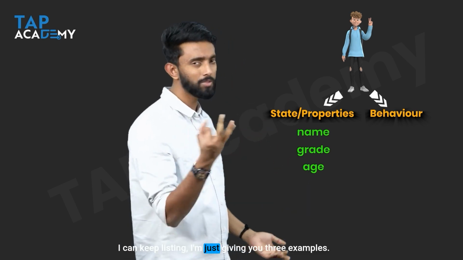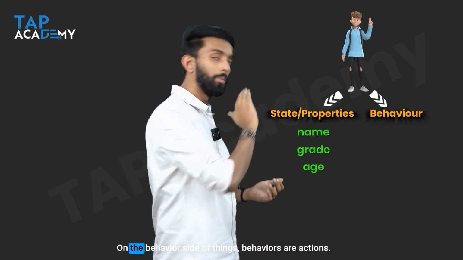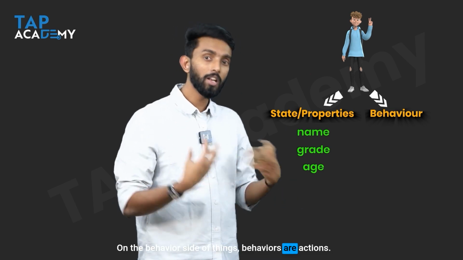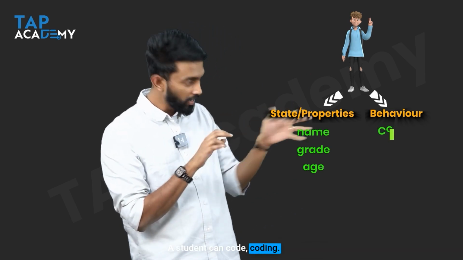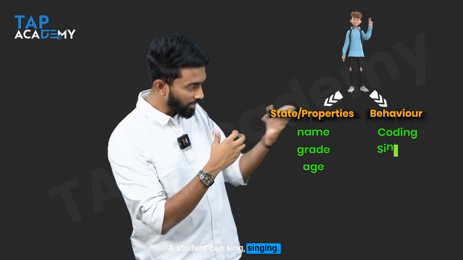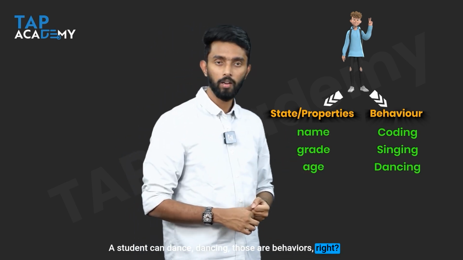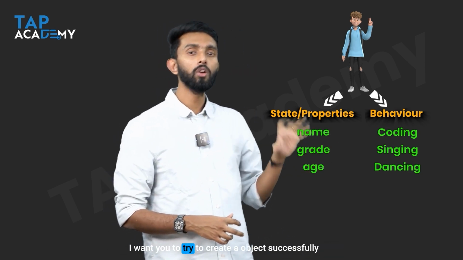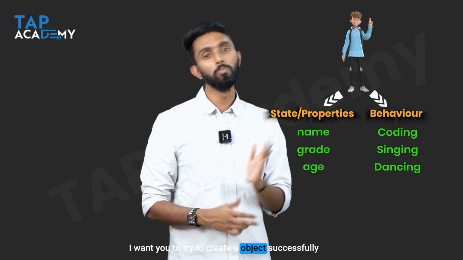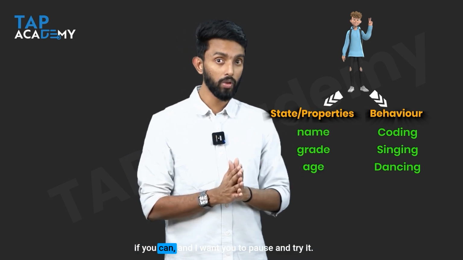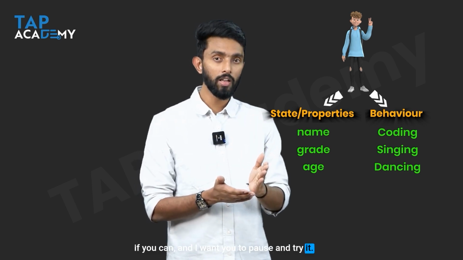I can keep listing, I'm just giving you 3 examples. On the behavior side of things, behaviors are actions. A student can code, coding. A student can sing, singing. A student can dance, dancing. Those are behaviors, right? I want you to try to create an object successfully if you can, and I want you to pause and try it.